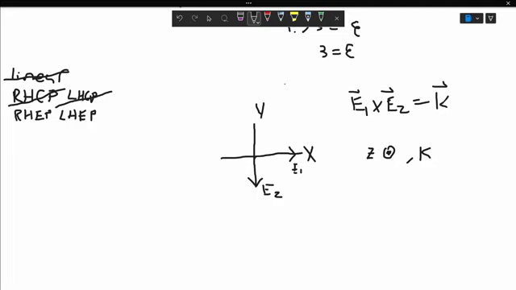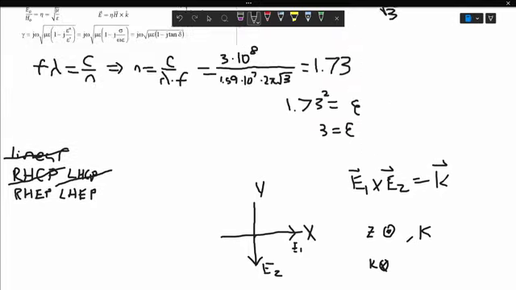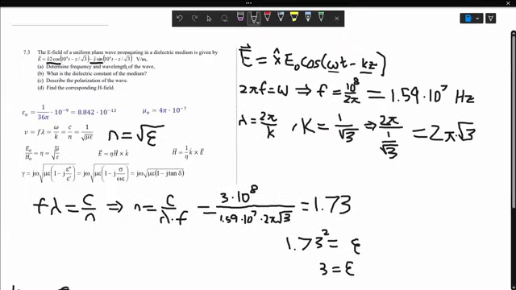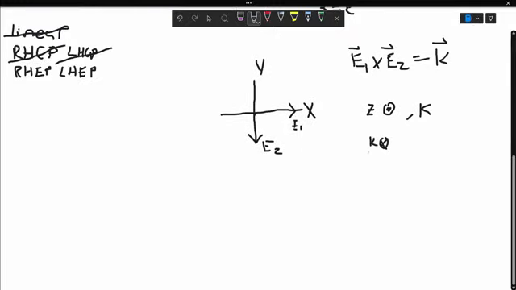Now, if we try our right-hand rule on this plot, our index finger goes in the direction of E1, our middle finger goes in the direction of E2. We find that using the right-hand rule, our k would actually be going into the page, which is contradictory to what we know beforehand. Our k is in the positive z-hat direction, so it can't be that. So the right-hand rule isn't working.